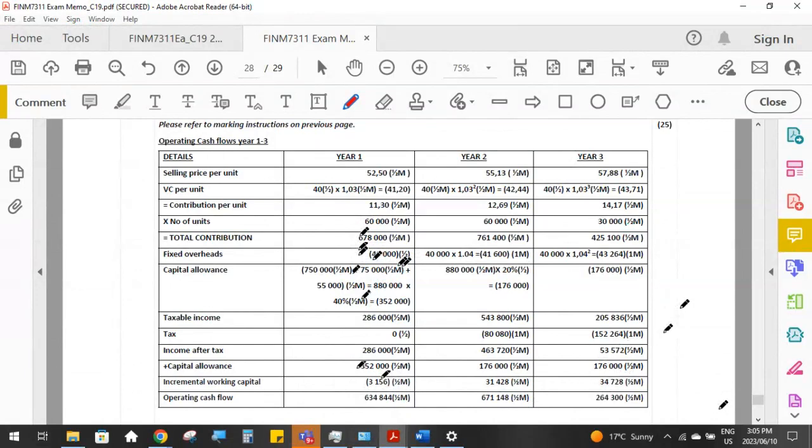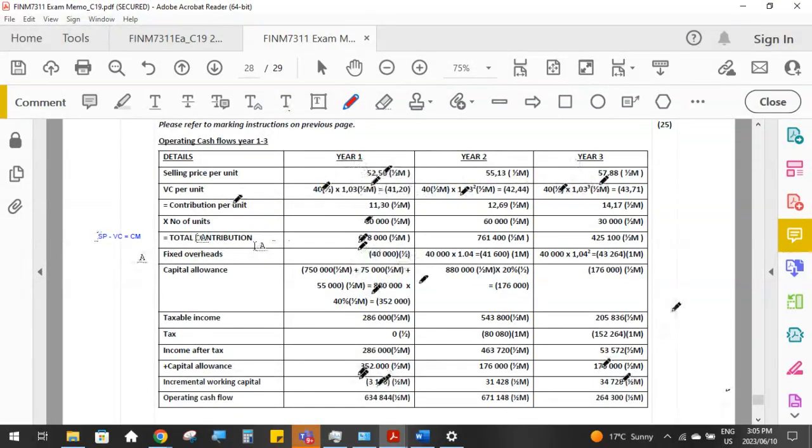So operating cash flows, remember, always over here, we are looking for our contribution, which is going to be selling price minus variable costs equals our contribution margin. So selling price, we calculated in the workings above, minus the variable costs per unit.